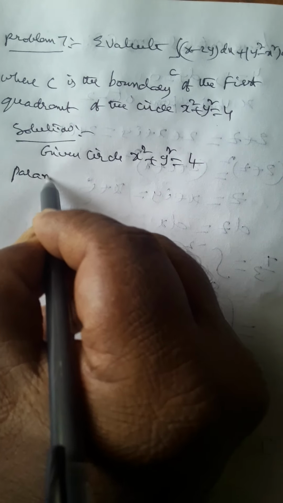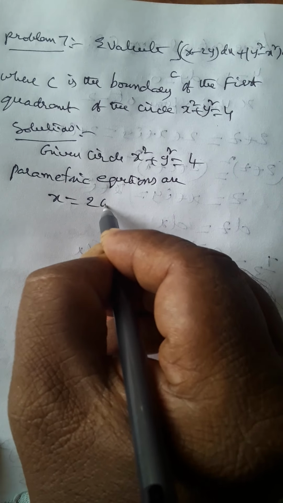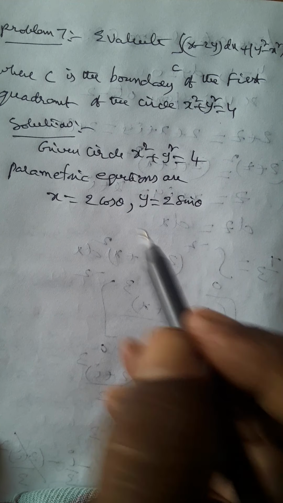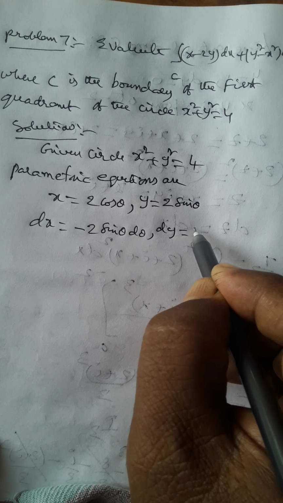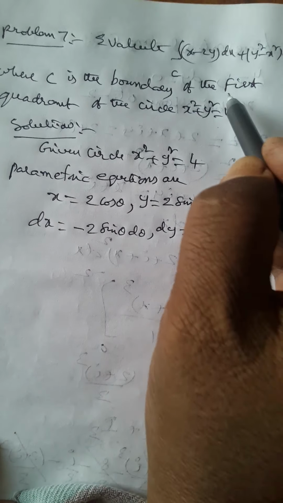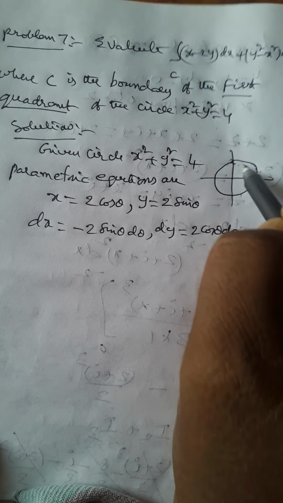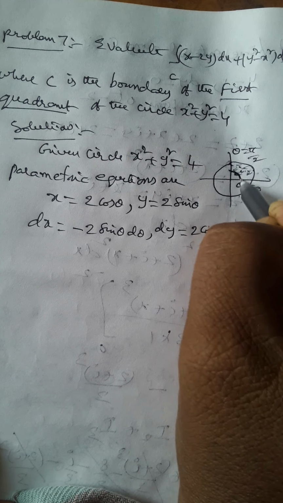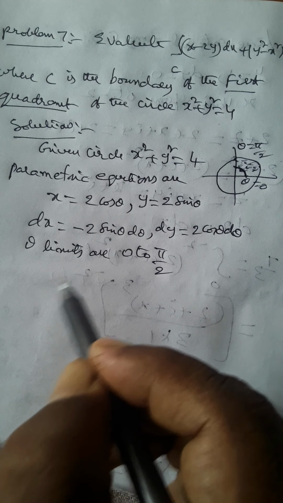Parametric equations are x is equal to 2 cos theta, y is equal to 2 sin theta. dx is equal to minus 2 sin theta d theta, dy is equal to 2 cos theta d theta, since the derivative of sin theta is cos theta and the derivative of cos theta is minus sin theta. For the first quadrant of the circle, theta limits are 0 to pi by 2.